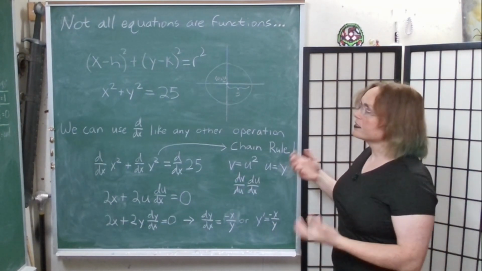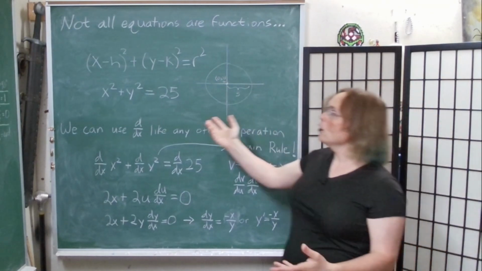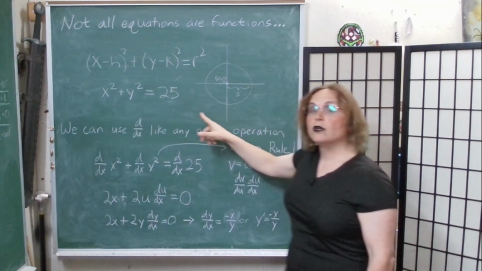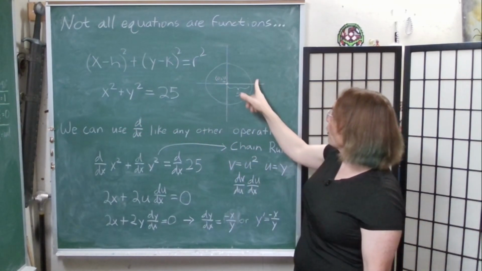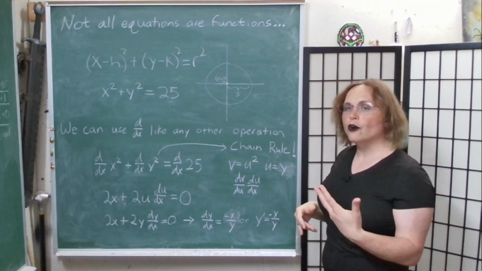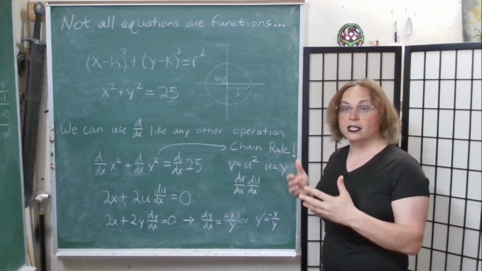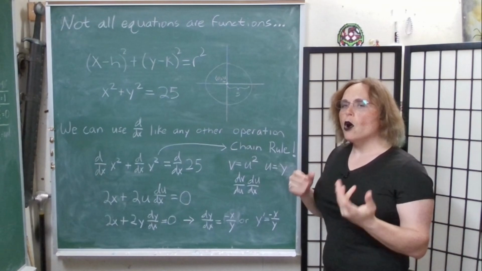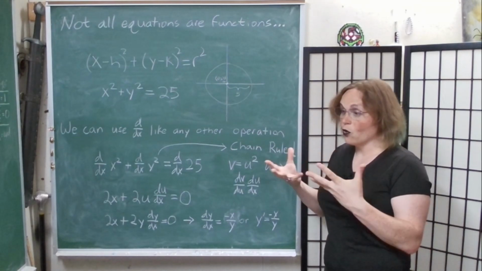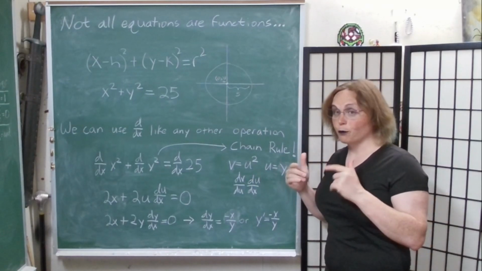Now, the reason it's like that is because the idea is that, for example, with this circle, I easily could take this equation and break it up into two functions that would define this shape. I would have a function across the top and a function across the bottom. There are many examples of curves and graphs within algebra and mathematics where we could potentially do this. But there are also examples of curves and shapes where we can't necessarily do this algebraically.